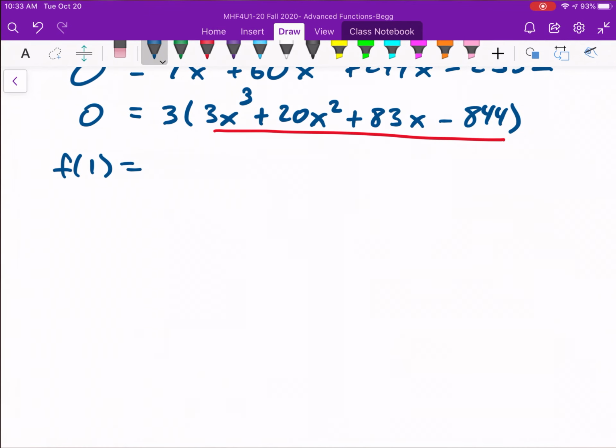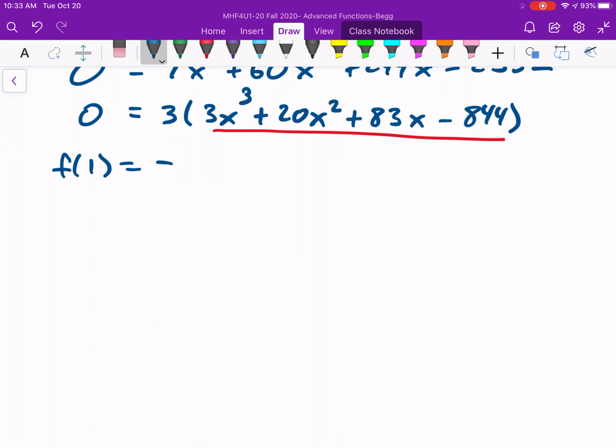So clearly that is not equal to 0. And just to save us a little bit of time, we could also try -1, but that one's not going to work. I already know that I've worked that one out. It's going to be negative 910.